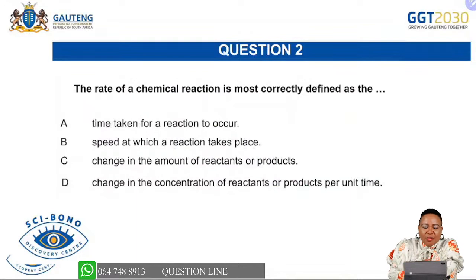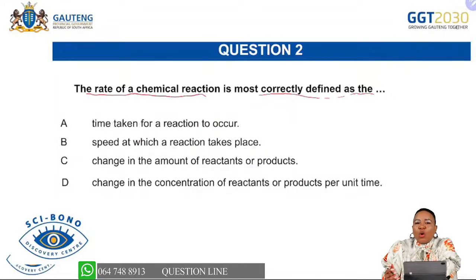When you look at this one, the rate of chemical reaction is most correctly defined as. Before you even look at the options, you need to remind yourselves how you define reaction rate. We know that reaction rate is the change in concentration of the reactants or products per unit time. Now let's look at those options. A, the time taken for the reaction to occur, is definitely not correct.